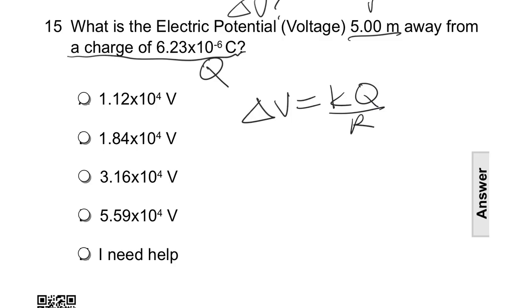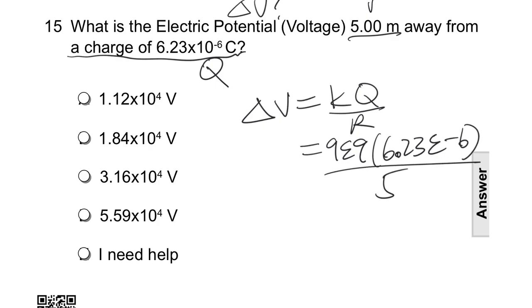Okay, so that equation was given as one for voltage. So 9e to the 9 times 6.23e to the negative 6 over 5. So I get 11214, which is 1.1e to the 4th.